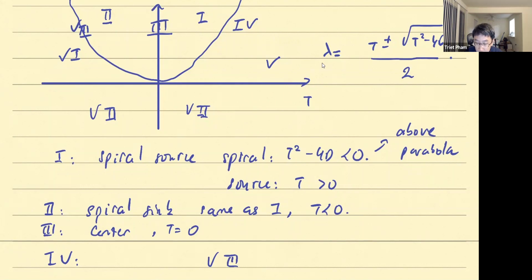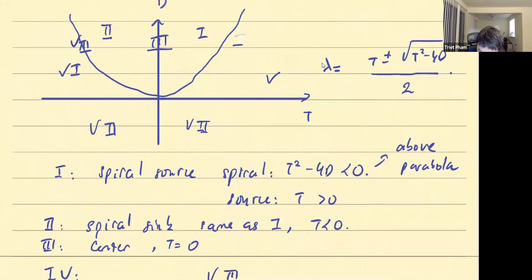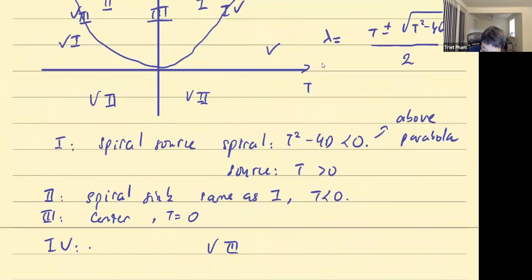What's 4? 4 is where you have the line, so 4 is where you have a repeated eigenvalue, and that's a source. 8 is repeated, sink. Is that okay?